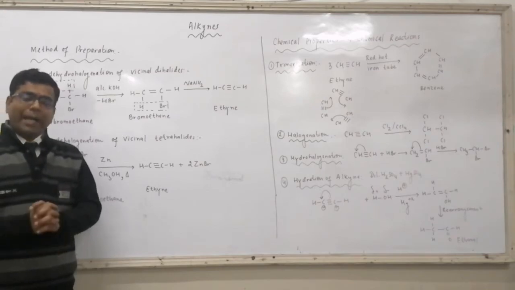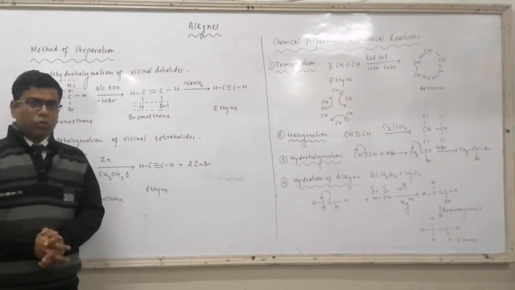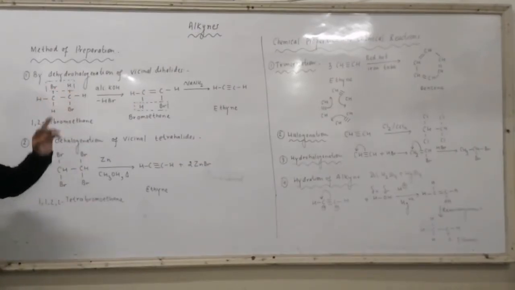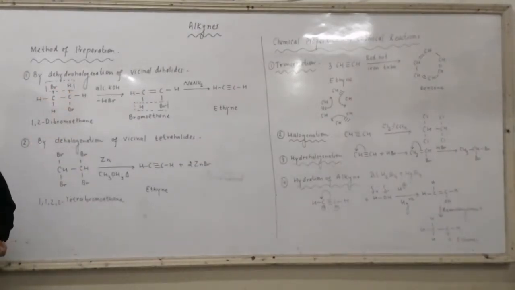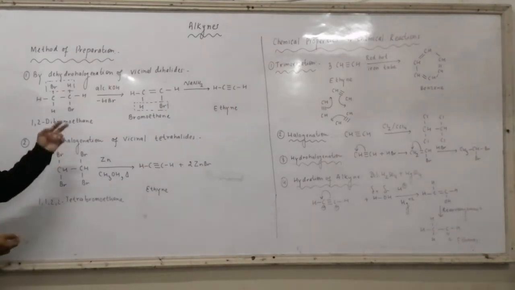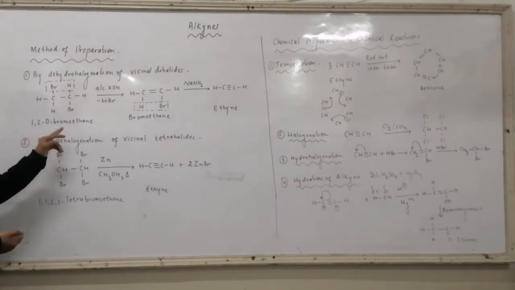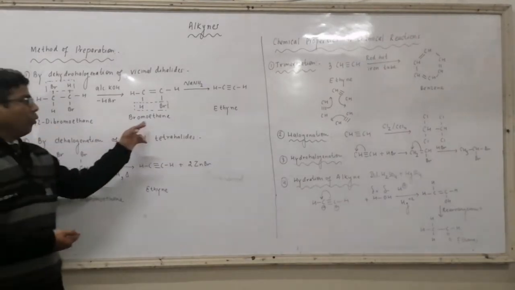It can remove a hydrogen halide molecule. So H from here and Br from here will be removed in the form of HBr, as a result of which we will get a new bond between the carbon-carbon atoms. So 1,2-dibromoethane gets converted to bromoethene.